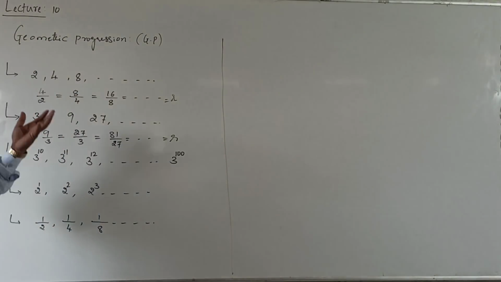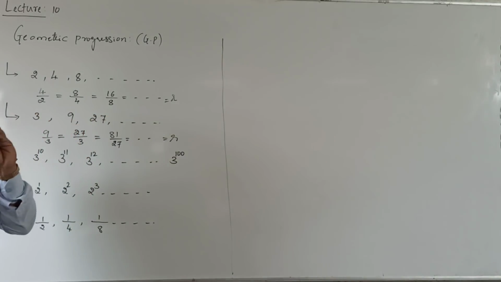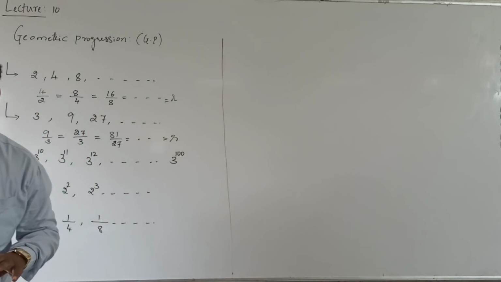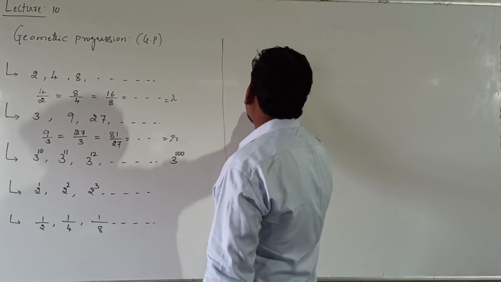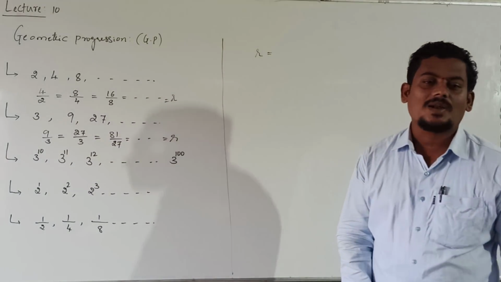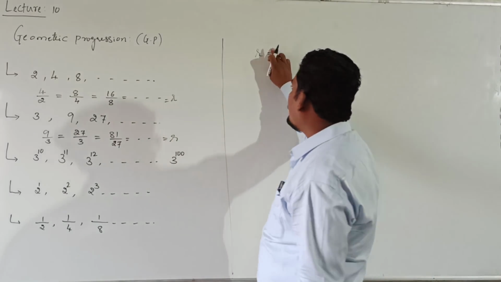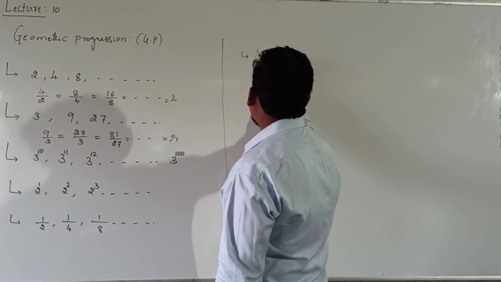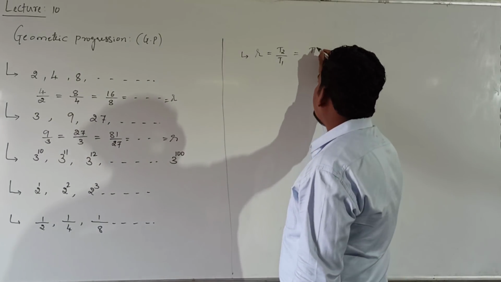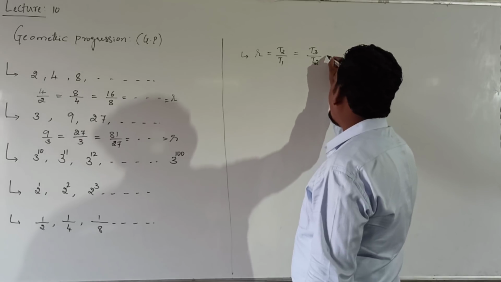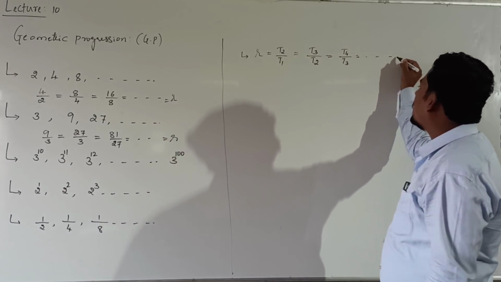The ratio between a term and its previous term is always constant, and that constant is known as the common ratio of the GP. What is the formula for finding the common ratio? The definition itself suggests it: the ratio between a term and its previous term. Common ratio r is equal to T2 divided by T1, or T3 divided by T2, or T4 divided by T3, and so on.